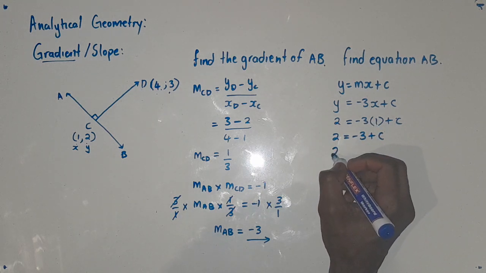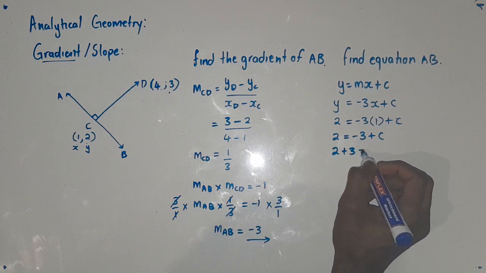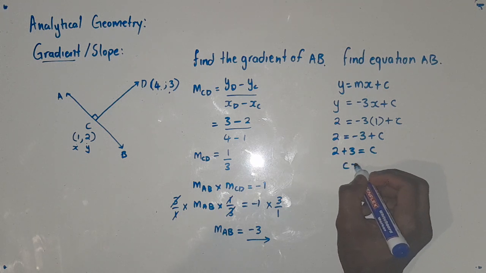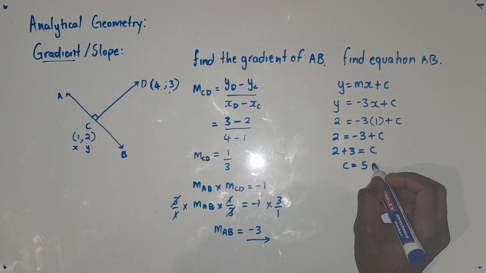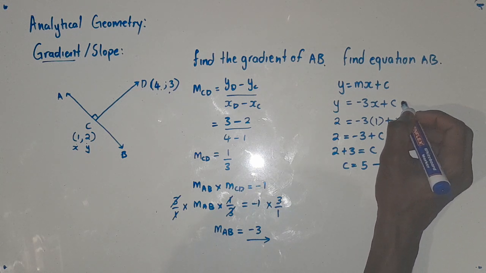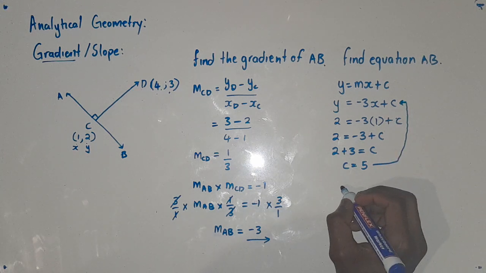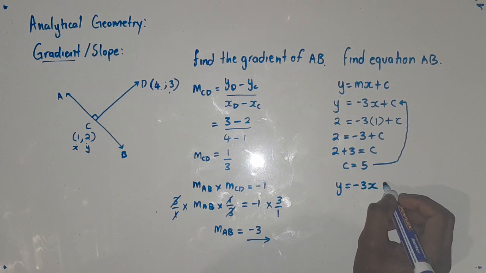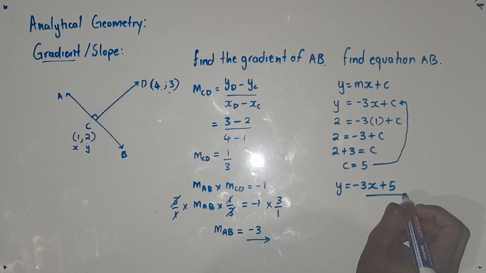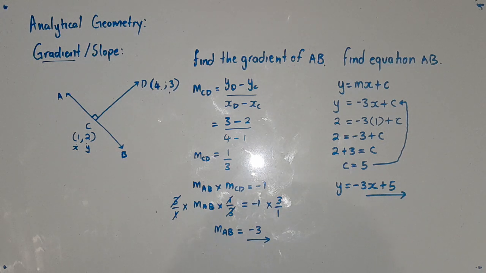Take this one to the left-hand side, it's going to be plus 3. Our c is going to be 5. Then you can take this and substitute it here. We're going to get something like this, y equals minus 3x plus 5. This is going to be our final answer. You see?